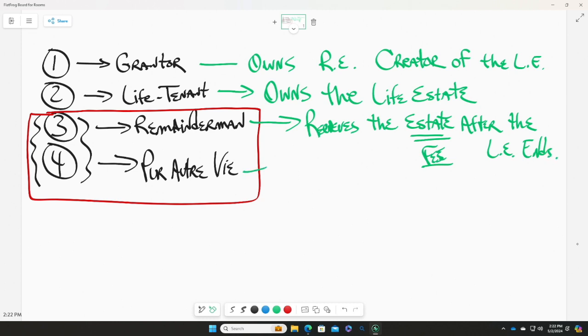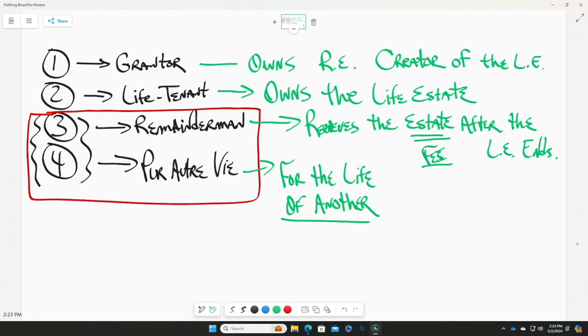And then pur autre vie is for the life of another. In other words, if we have a pur autre vie, it's based on their life, okay? That's the only real part that they play in this scenario.